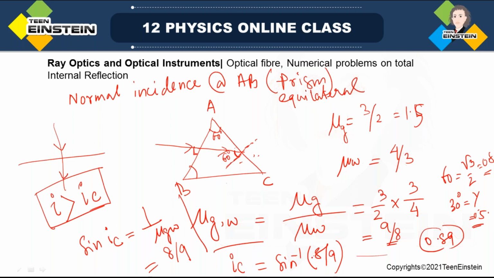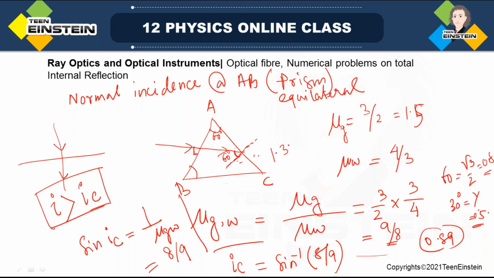So if you have here 0.8, and sine 90 degree, sine 60 degree will be 1.3, sorry, 1.2, means 1.2.